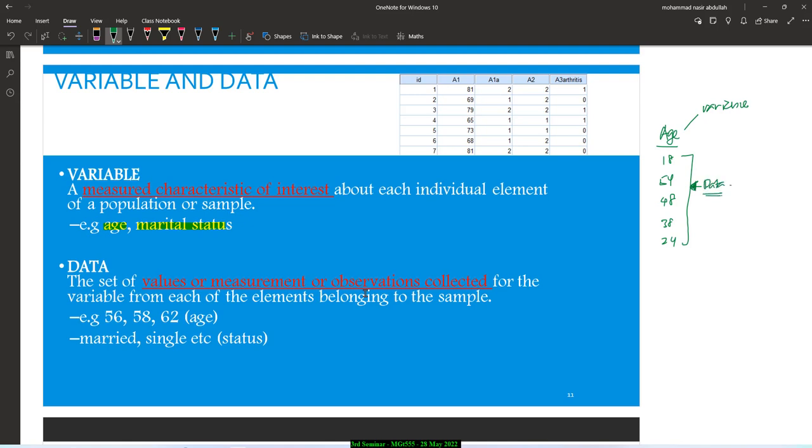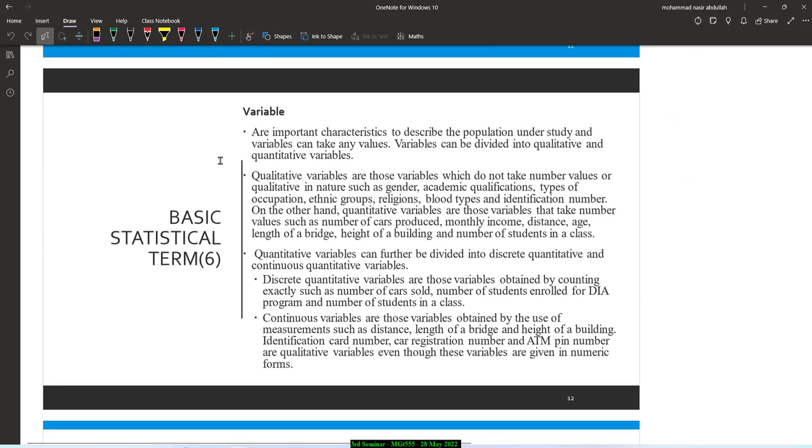So this is what we call as data, and this is what we call as variable. It is important to understand the terms that I already introduced here, because most of the time when we are dealing with data analysis, we need to differentiate what is a variable and what is the data, right?